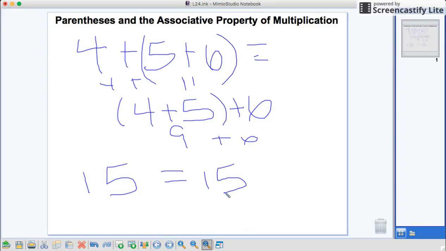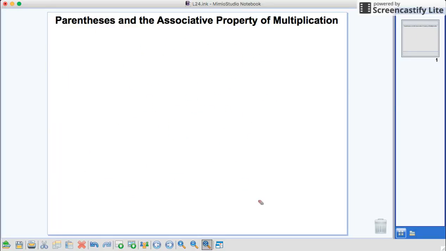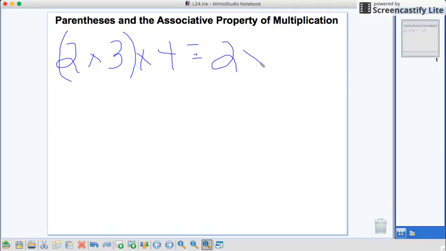The associative property says if it's addition, it doesn't matter where you put the parentheses, if the whole problem is addition. Well, let's see if that holds true with multiplication as well. So we have the problem 2 times 3 times 4 equals 2 times 3 times 4.